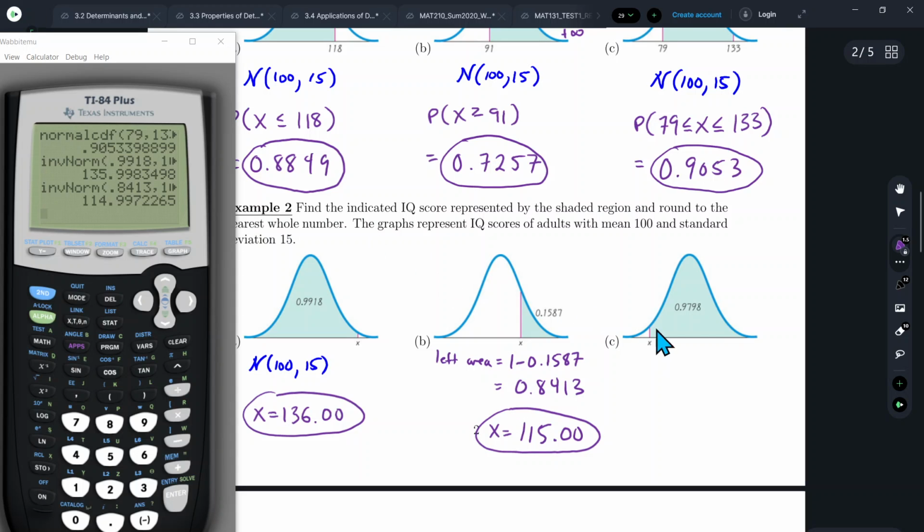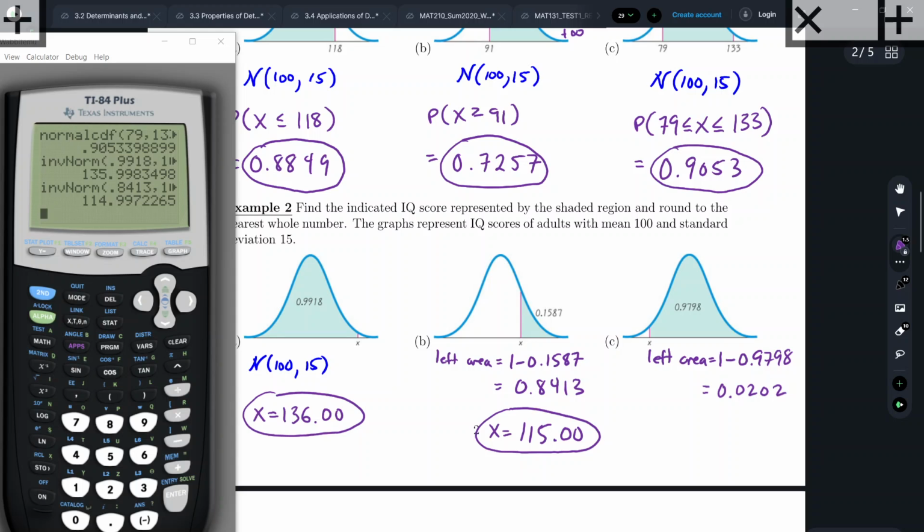And then finally, in the last one, again, the area is shaded to the right, so I need the left area, which is the complement. So the complement of this would be 0.0202.